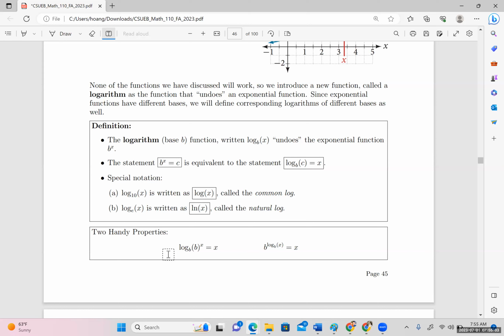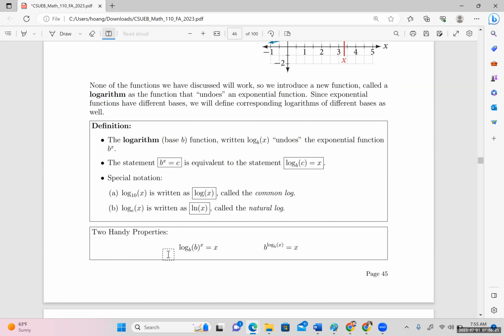Exponential function, yes, x is in the exponent, but can you solve it? No, there is no rule that helps you to solve it, right?